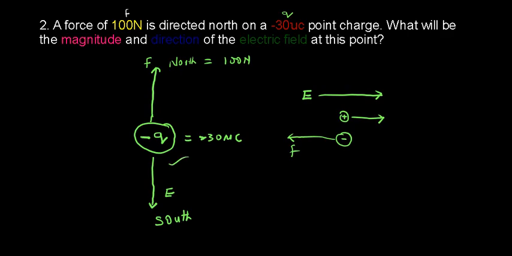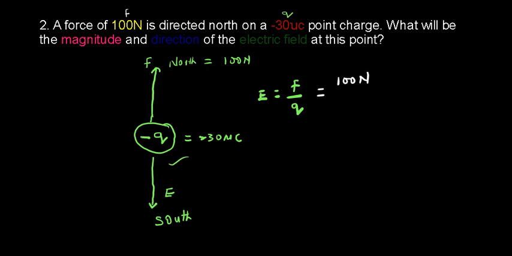Okay. Now let's go ahead and calculate the magnitude of the electric field at this point. Now let us recall the formula for electric field. E is equal to F over Q. Now here, what is our F? Our F is 100 Newton.